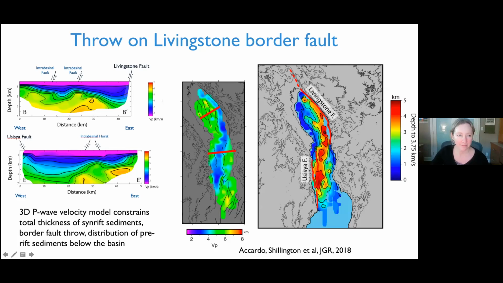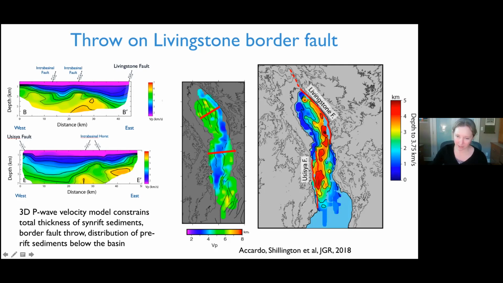The left-hand panels show two cross sections through this 3D velocity model, and the middle panel shows a depth slice at 4 kilometers. Again, the sediments are shown as lower velocities, in blues to purple, and you can see the thickening sediments towards the Livingstone fault.